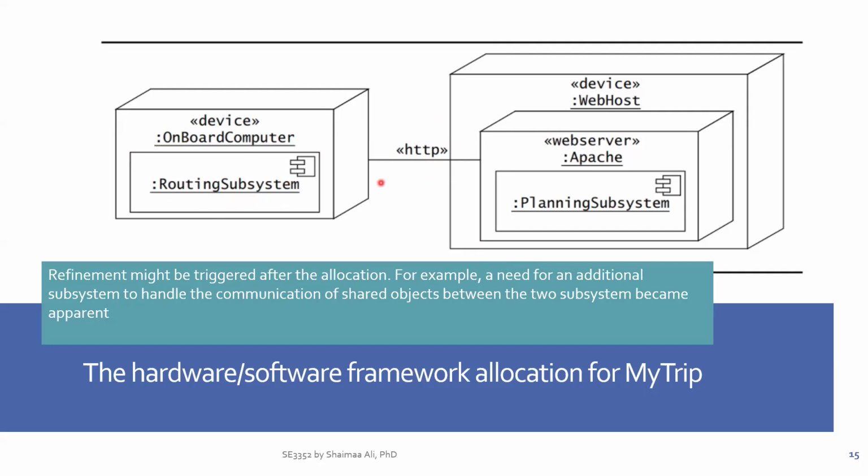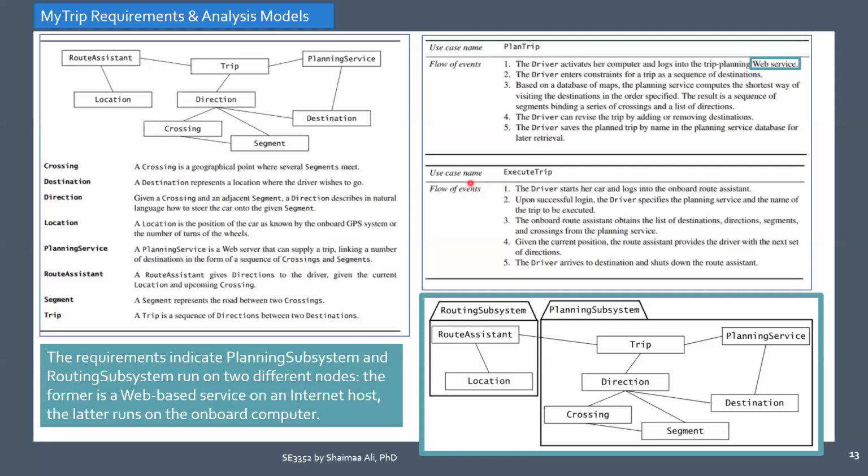Now, looking at this, we realize that we need to do some refinement. Remember the problem with the common classes, where we were wondering where to put them because they are needed in both components, and then we decided to put them in the planning subsystem.